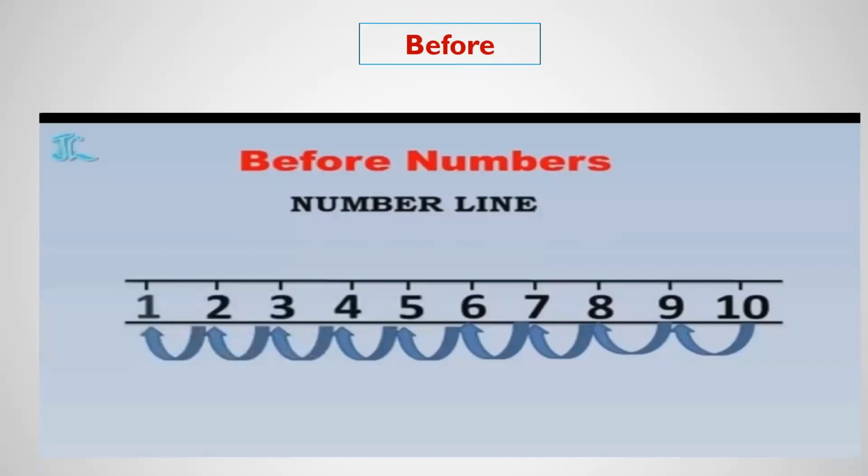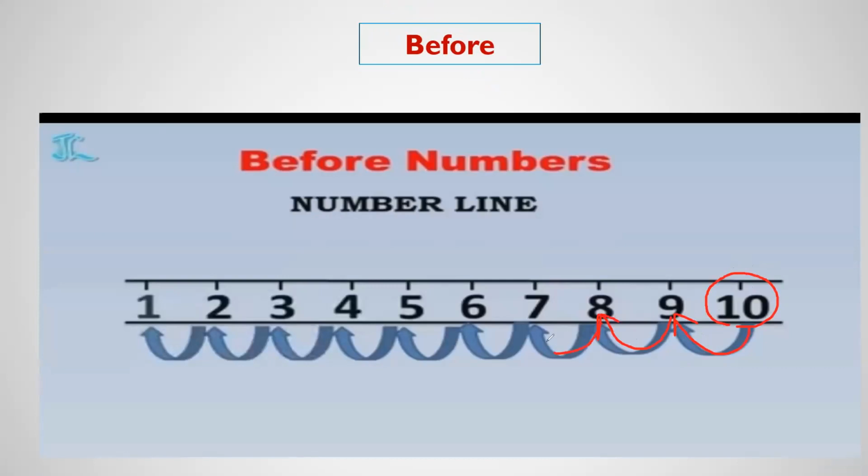Okay. What about before? Before means I'm going to return back, jump back. So here, can you see this number line? If we are going to stop on number 10, what is before 10? It means I'm going to jump back, return back. Before 10, 9. Before 9, 8.